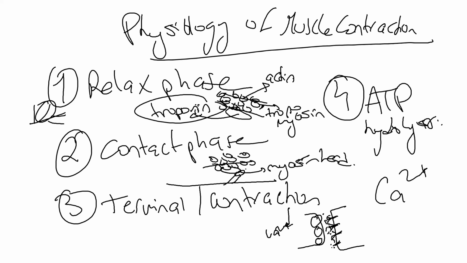So the moment that this happened, the moment that it took Ca2+ and made the myosin head come in contact with the troponin, this troponin will make a kind of stop, and it will try to prevent this myosin from binding to it again. And what happens here?